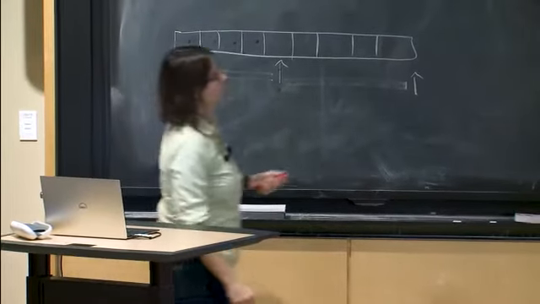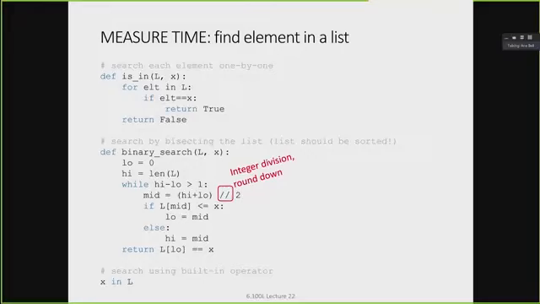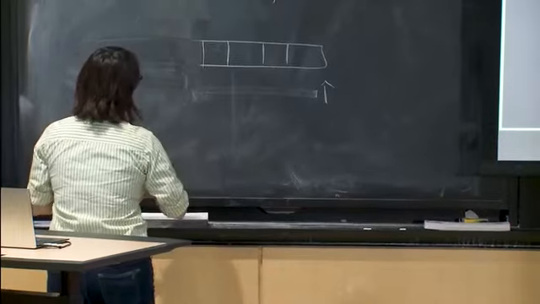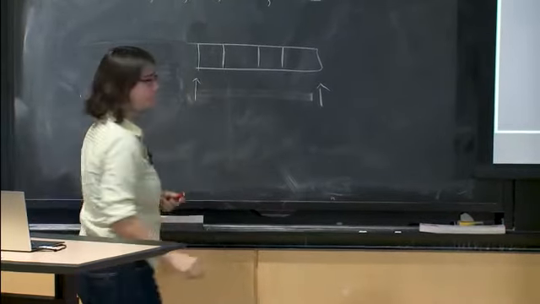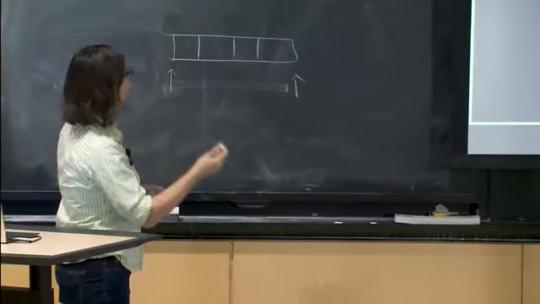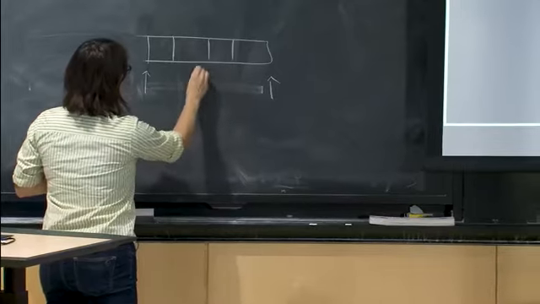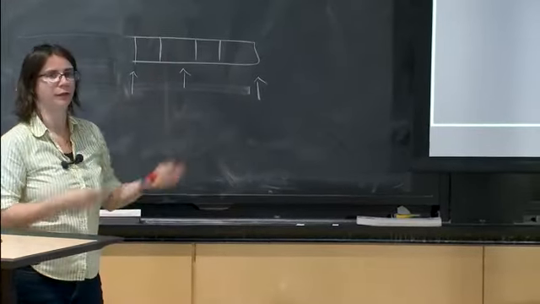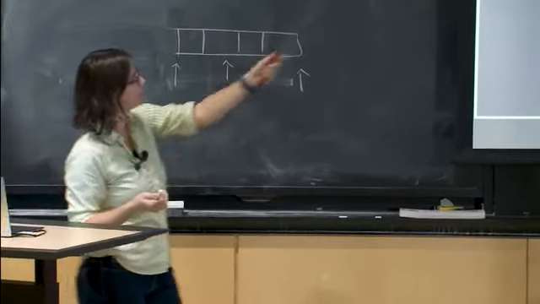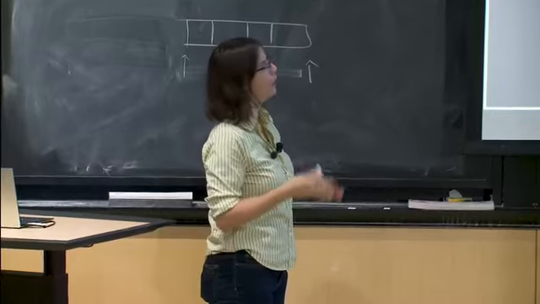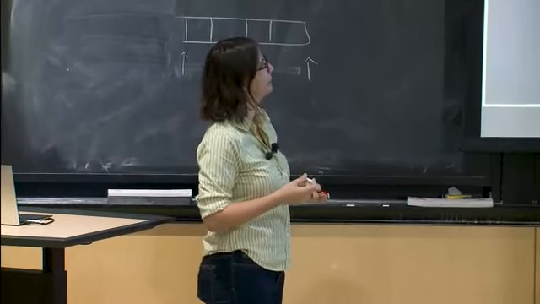So that's what this little if-else is doing. When I make my decision as to which side to look at, I reset my endpoints and do the process all over again, asking the midpoint, are you the one I'm looking for, and so on and so on. So this does a bisection search, also called binary search, for the element in a list.